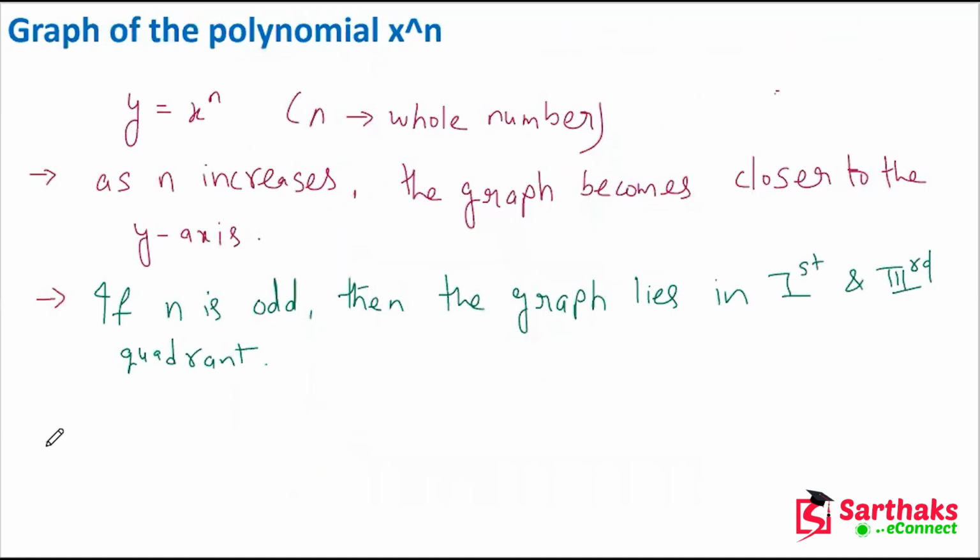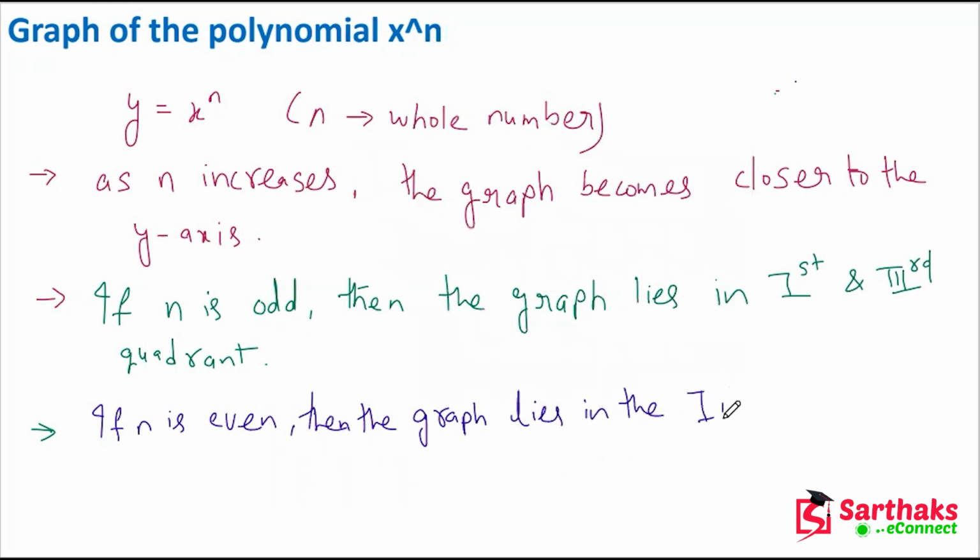Now, let's move to another point. If n is even, then the graph lies in the first and second quadrants.